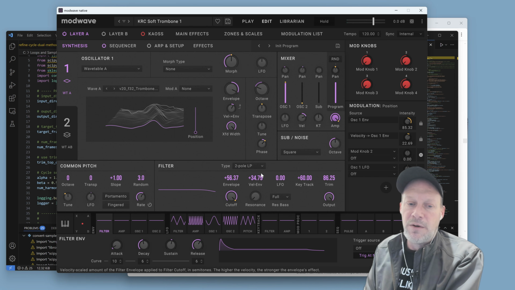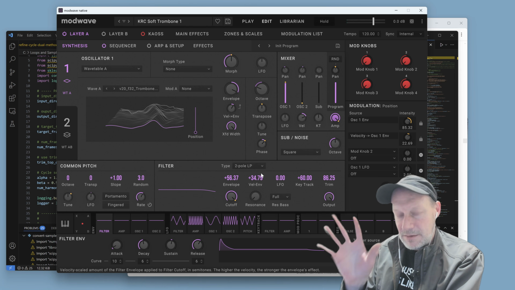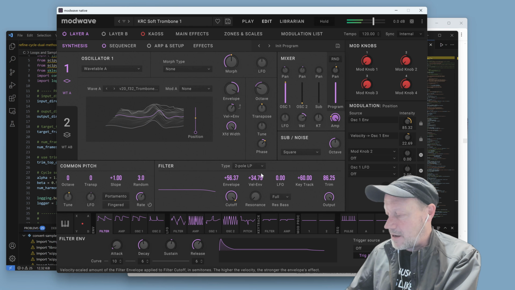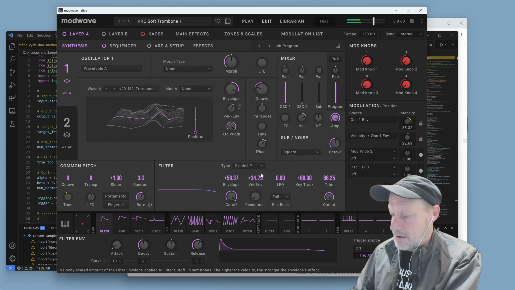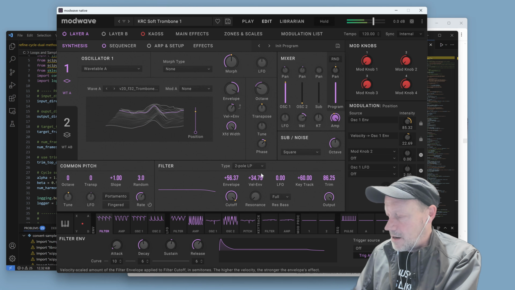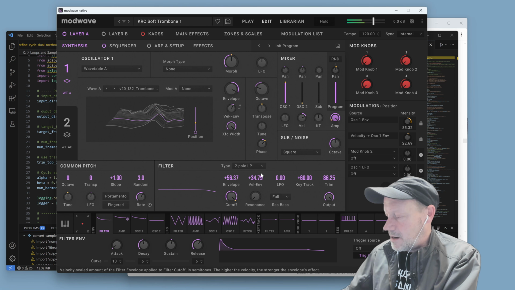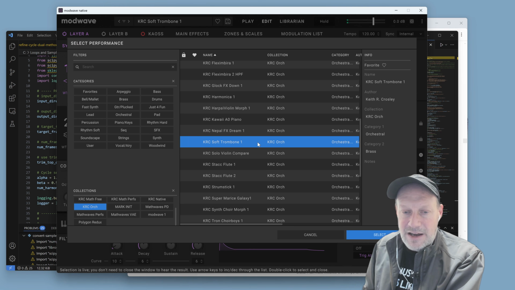Here's a trombone. So this is a 32 frame piano played trombone, a trombone played softly. So you can get orchestral brass sounding types of stuff.